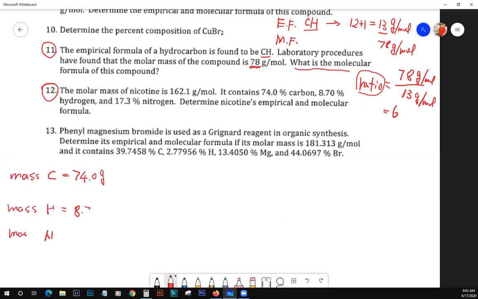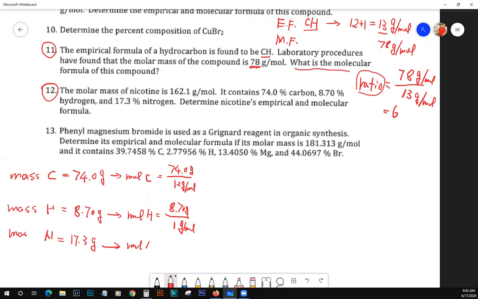Hydrogen is 8.70 gram. Nitrogen is 17.3 gram. And then you convert to moles. Moles of carbon: 74.0 gram divided by 12 gram per mole. Moles of hydrogen: 8.7 gram divided by 1 gram per mole. And nitrogen: 17.3 gram divided by 14 gram per mole.